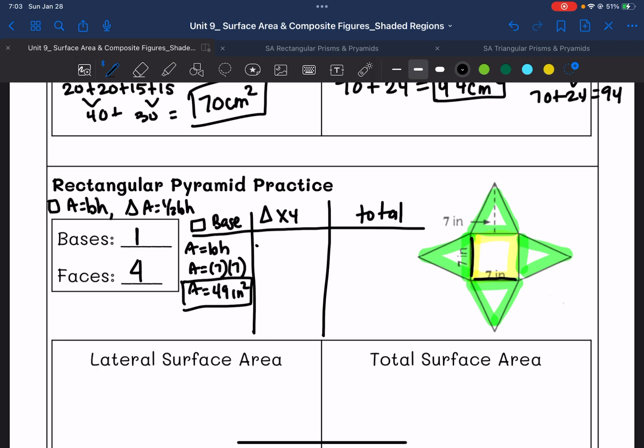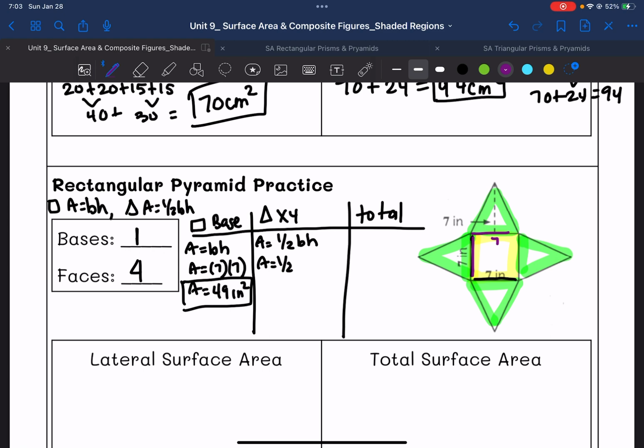Now the triangle, area is equal to, let me move this a little bit over this way to give me some space, 1/2 base times height. Remember the base, if this side, let me do this in a different color, maybe purple, if this side is 7, then that means that this side is 7.